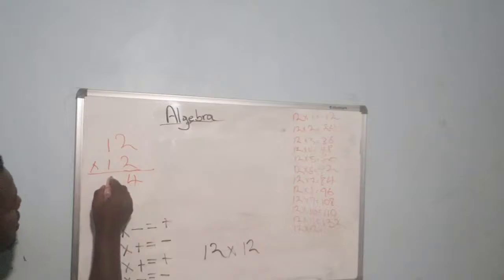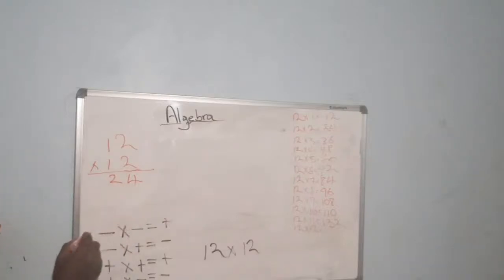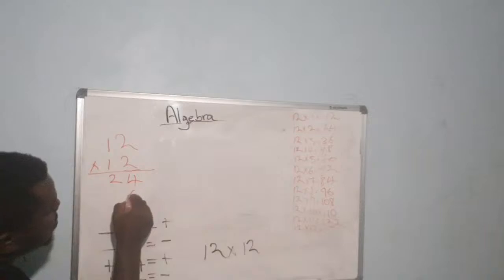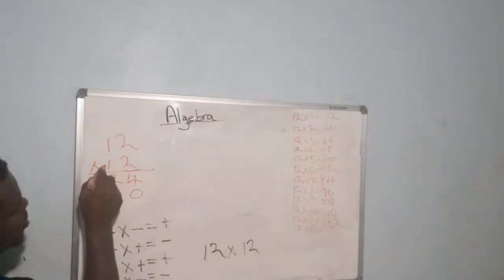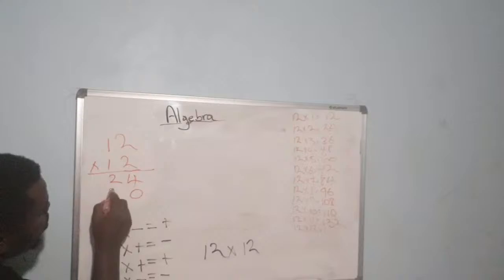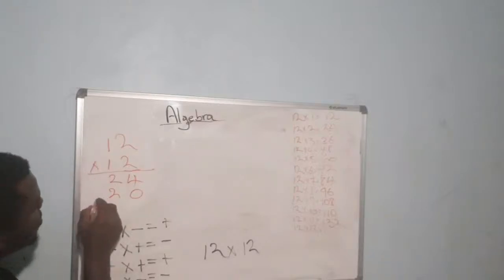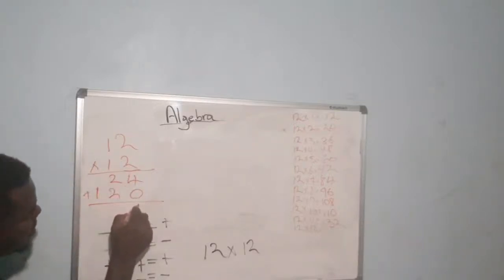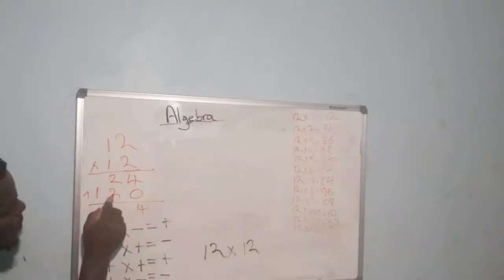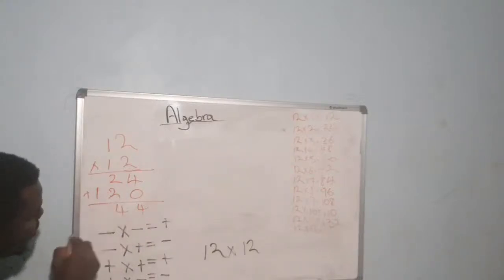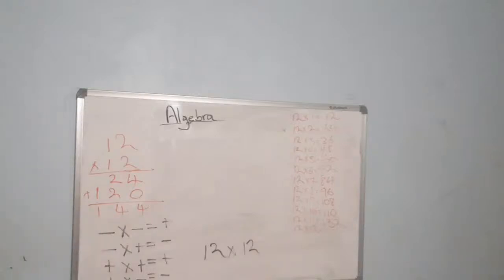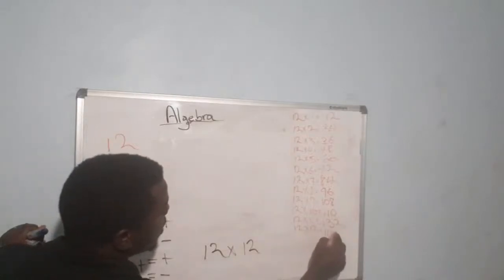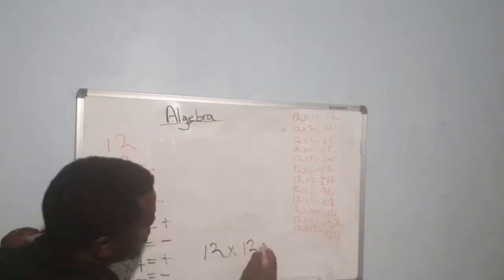And 2 times 1 is 2. Now you add a 0 for the placeholder. And then 1 times 2 is 2. And 1 times 1 is 1. Now you start adding. 0 plus 4 is 4. 2 plus 2 is 4. And you bring down this 1. So 12 multiplied by 12 is 144.